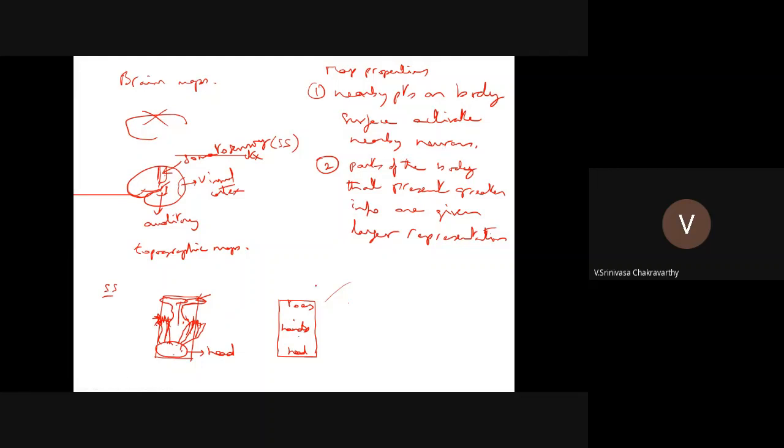So I cannot have my little finger mapped here and my ring finger mapped somewhere over here, that's bad. Because all the fingers of my hand should stay close to each other. I cannot have the little finger showing up here and my, let's say, thumb going here. That's not okay, because nearby points in the body surface should be mapped onto nearby points in the map.